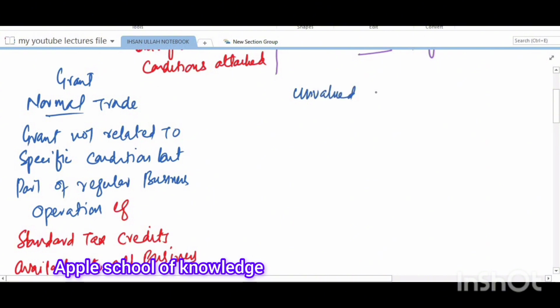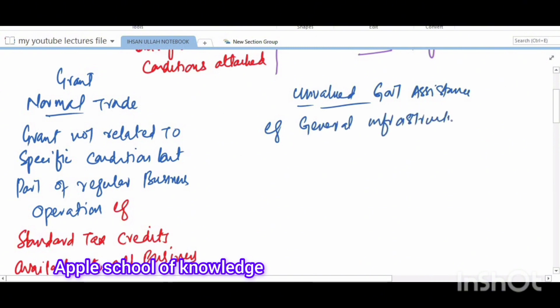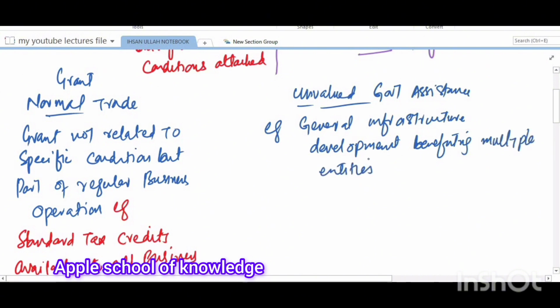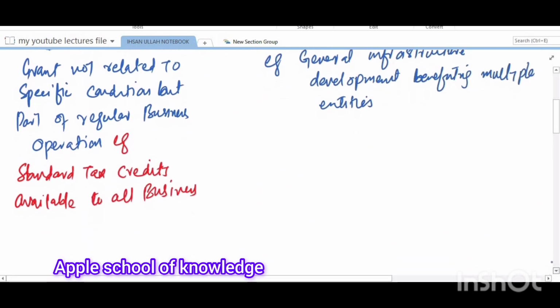Okay, now let's talk about the other concept, unvalued government assistance, and that should also be excluded. Unvalued means that there is no value. So for example, general infrastructure development that benefits multiple entities.